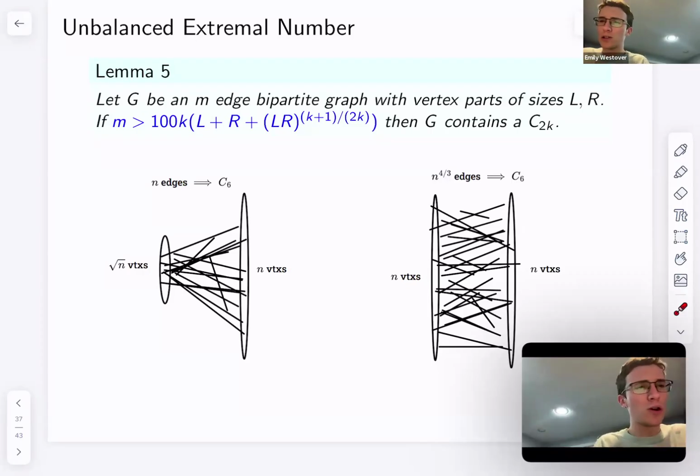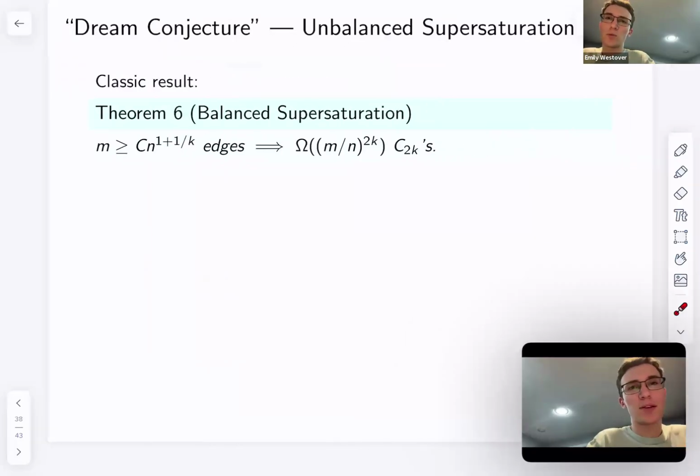So what would we want for listing? It turns out that what would be really nice is a supersaturation analog of this extremal number result. This is not a new idea; it feels like a very common theme in combinatorics.